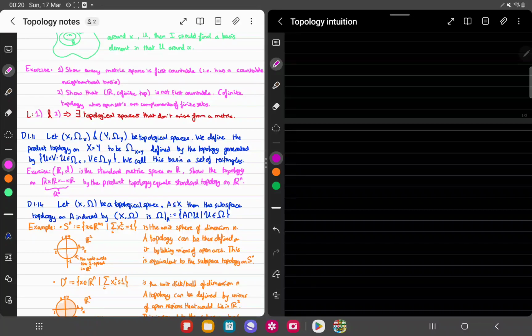Definition 1.11. You have two topological spaces, and you can define the product topology on the Cartesian product of the two sets to be the topology generated by the cross of open sets in either space. We call this basis a set of rectangles.